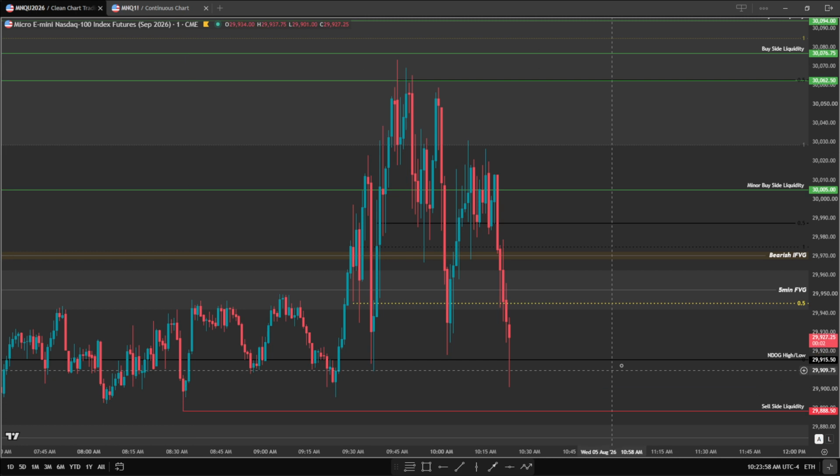If I was in it, I would be getting out. I would just get out right here. I don't even care that it's up above this high now. I would just want to get out because nothing is stopping it from snapping back up here.